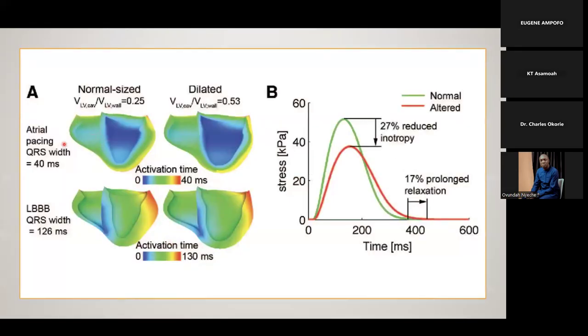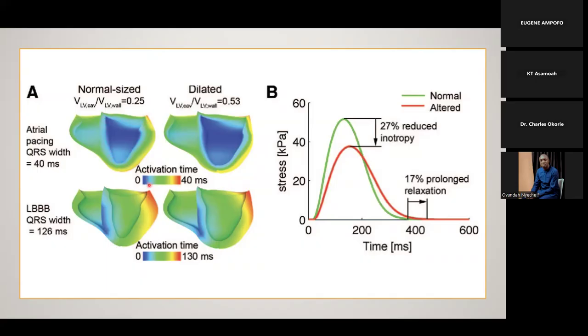And so over here we see a normal ECG, a normal QRS. The QRS width is 40 milliseconds over here. And this is a normal sized heart and a dilated heart. And I can see that for both the normal and the dilated heart, there is fairly equal activation.